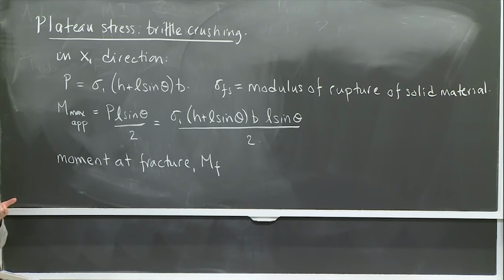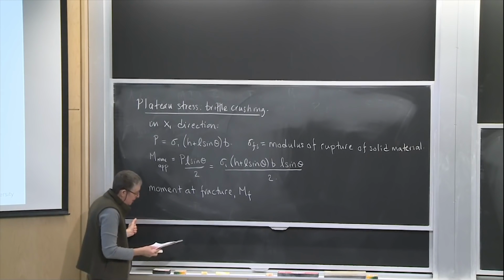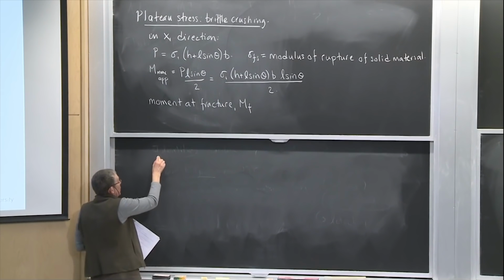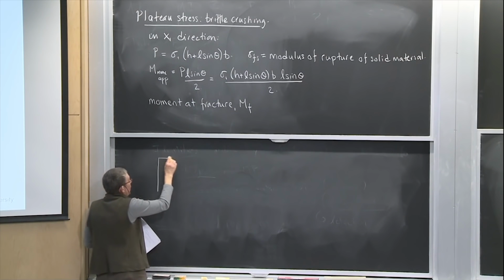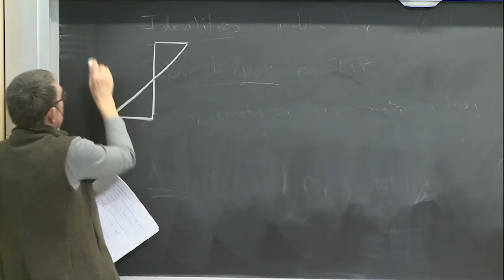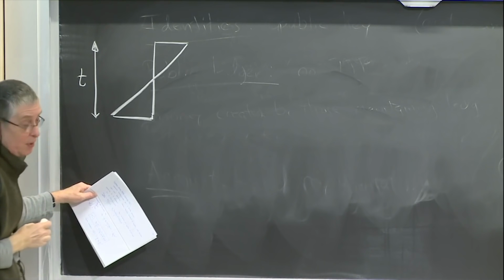So last time we figured out a plastic moment to form a plastic hinge, and this is an analogous thing. But in this case, remember, if we have a beam and we have the stress profile through the cross section of the beam, it's going to look something like that. So for our beam, that's going to be the thickness of the beam there.